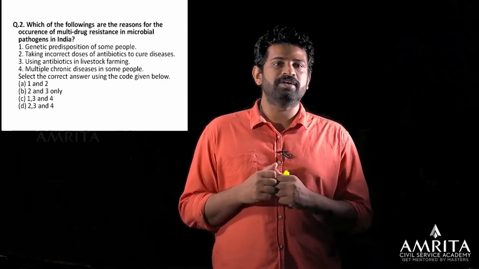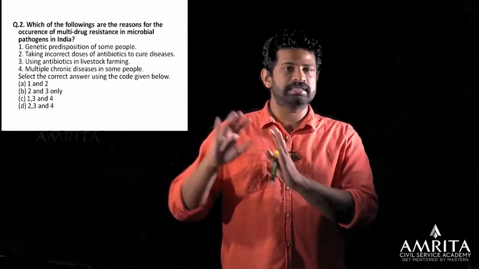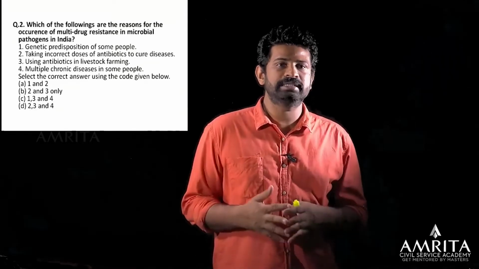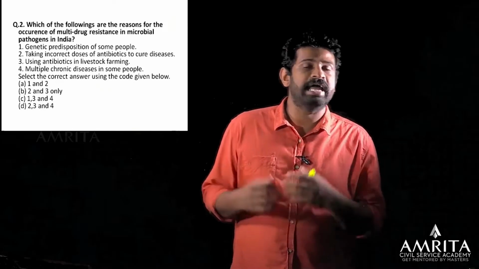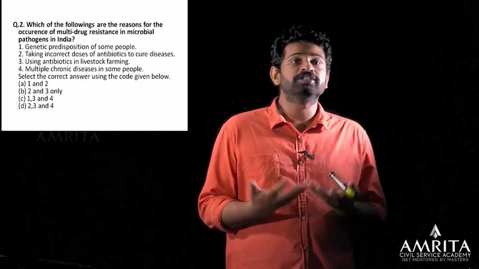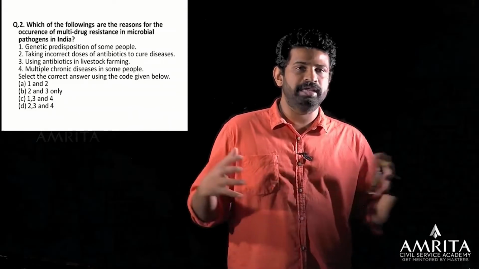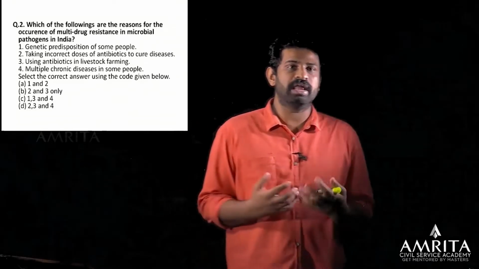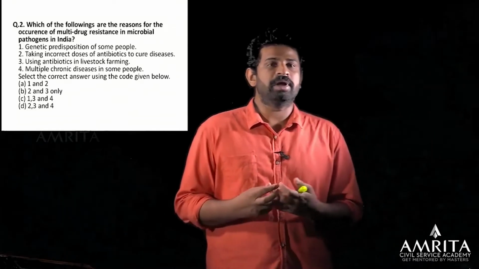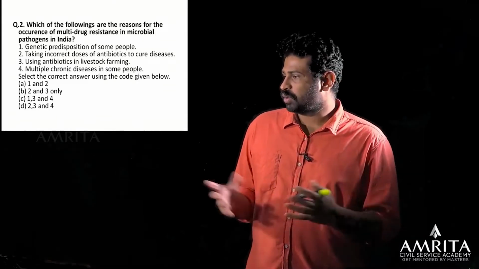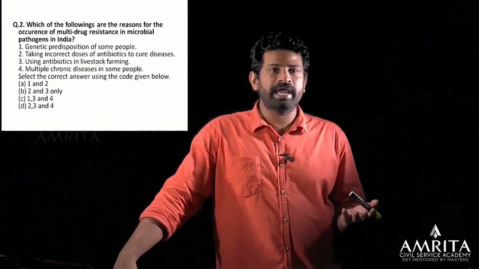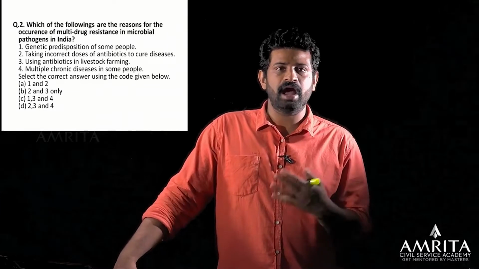That is the issue of multi-drug resistance. So one thing is misuse of antibiotics to cure diseases. Another is misuse of antibiotics in poultry feed to fatten up the poultry which we buy from the market. That is another reason why multi-drug resistance occurs. Looking at it that way, options 2 and 3 are obvious reasons.